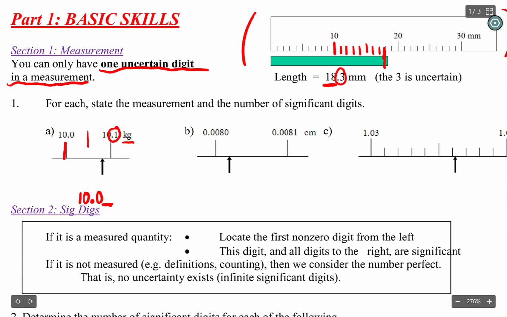So I definitely know it's not 0.05 because that would be in the middle. And this is a little bit closer to 0.1 than it is to 0.05. So I'm going to say 10.08. This is my uncertainty. Maybe it's 0.07. Maybe it's 0.09. But that is my level of uncertainty in this measurement.